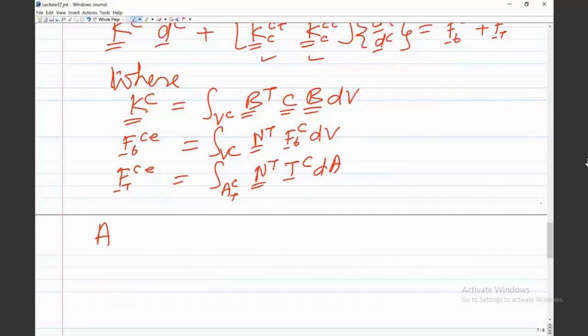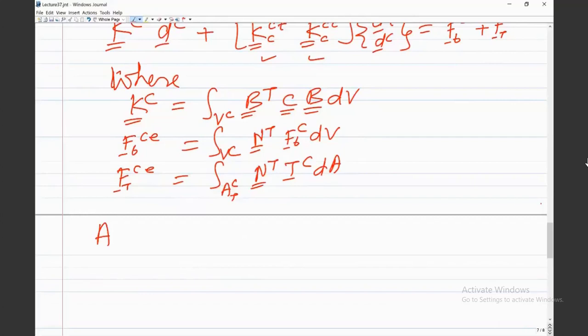The advantage in the penalty method is that there are no additional unknowns, whereas in the Lagrange multiplier, Fn, the contact force, is treated as an unknown. So there are additional unknowns, although the contact constraints can be accurately enforced. In the penalty approach, there are only the displacement degrees of freedom of the target and contactor.